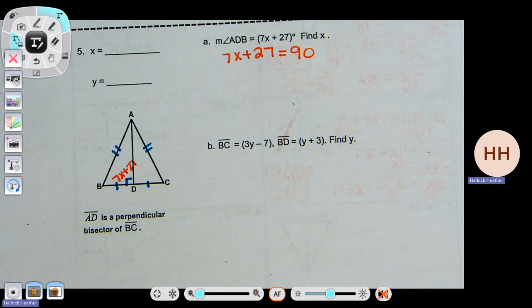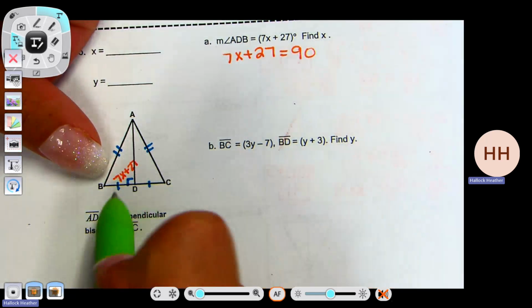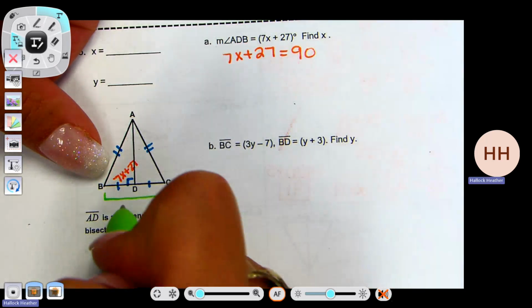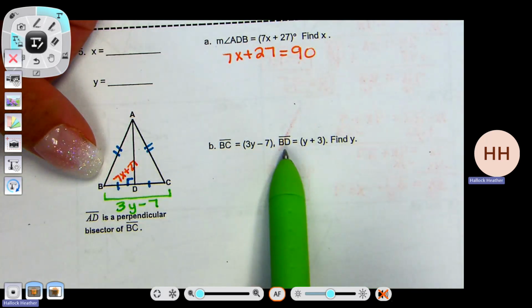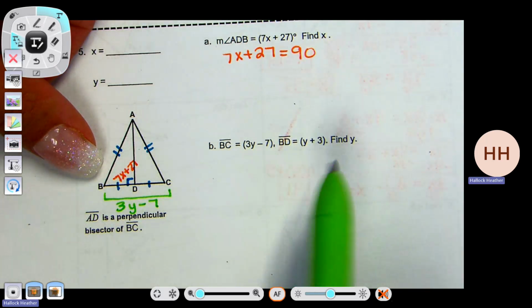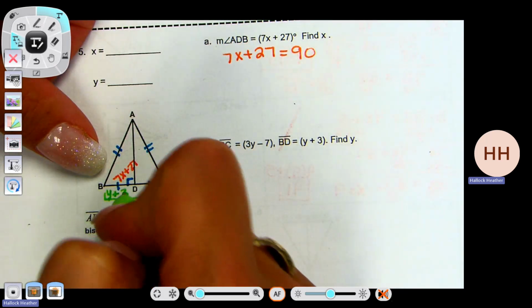Okay, so B says BC, which is the length. It's not an angle. BC going that distance is 3y minus 7. So it says BD is y plus 3. So BD right here is y plus 3.